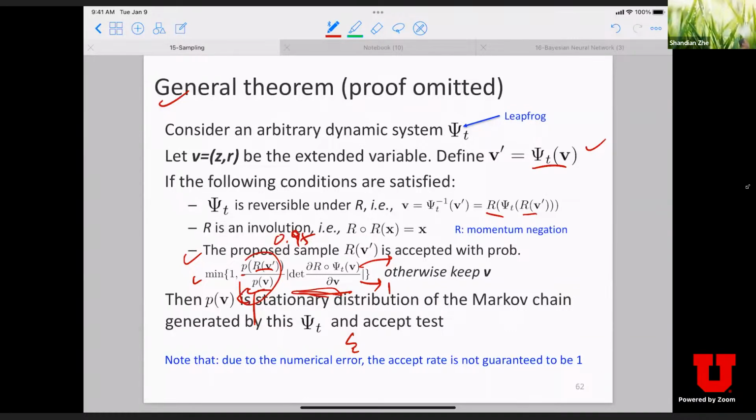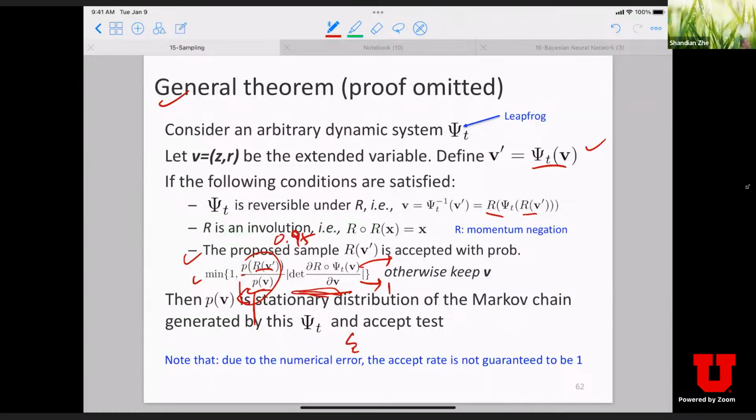In practice, people will run HMC to accelerate the exploration of the whole space, and they will try to run this leapfrog for a long time. We know that the longer we simulate, the less accurate it is, because your numerical error accumulates along with the time steps. That means this acceptance rate will keep decreasing.